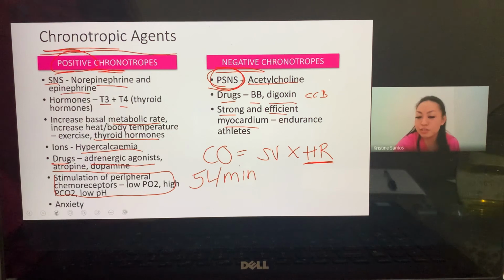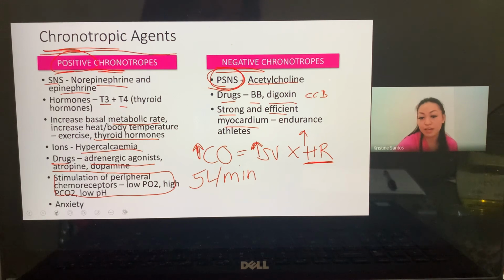Because these endurance athletes have very strong, efficient, well-trained myocardium, the contractility of their heart is phenomenal. Their heart is just so powerful. So the contractility of their heart is high, and high contractility means a high stroke volume. If you have a high stroke volume, that's going to increase cardiac output. So they can afford not to have such a high heart rate.